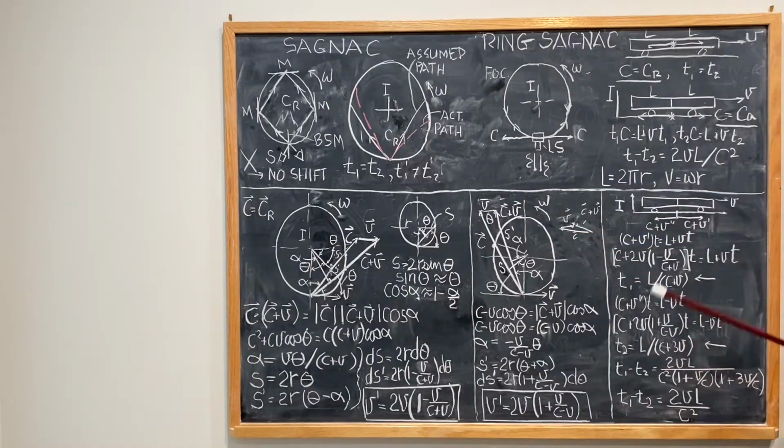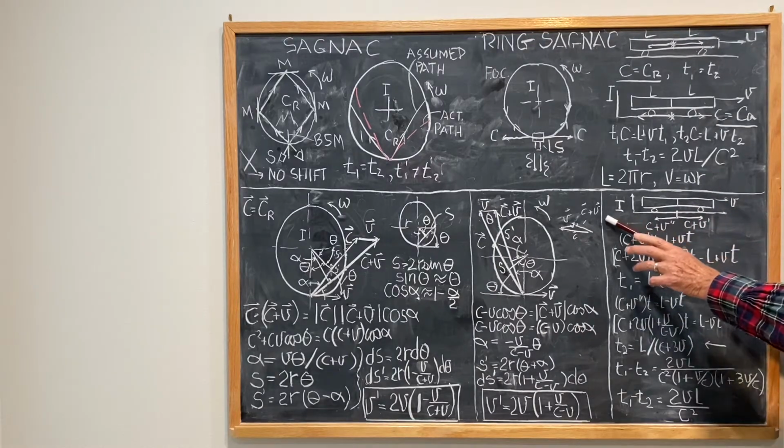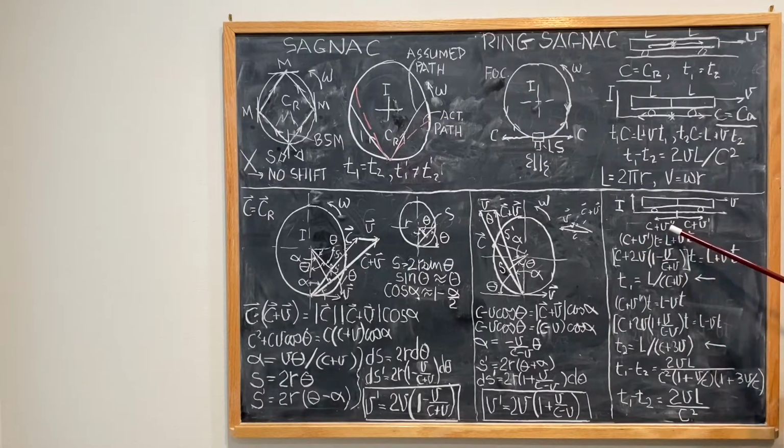Now I have the speed in the inertial reference frame where the ring is rotating or moving with velocity v, and in this inertial reference frame, I have that the speed of light is c plus v double prime in this direction, c plus v prime in that direction.